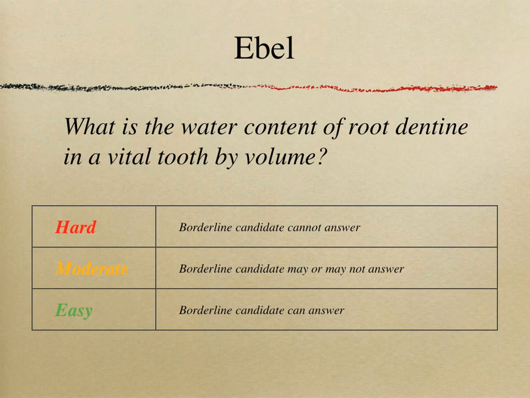If this question is asked to third-year students who have never been exposed to it, it could be a hard item or a moderate item. But if these are fifth-year students and they had a symposium with a lot of emphasis on this particular piece of knowledge, then you might rank it slightly differently.